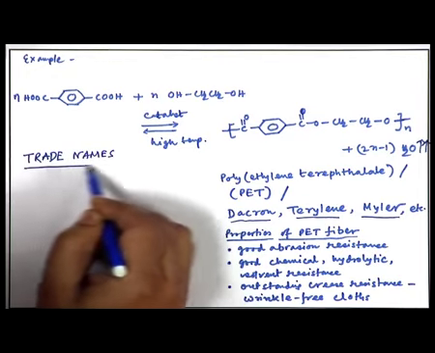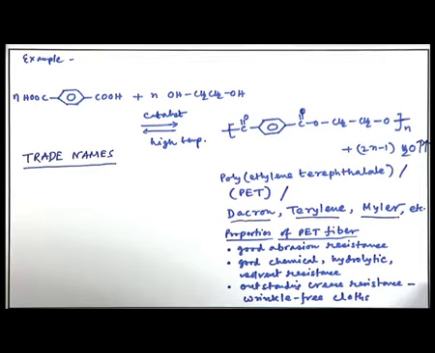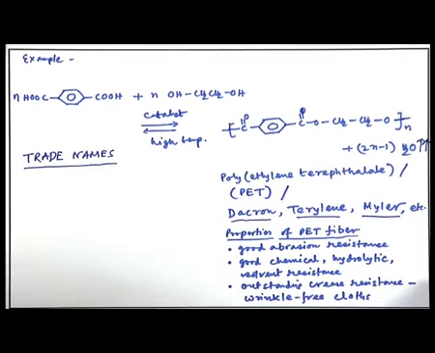Now, if you have a fever, you take a paracetamol tablet, which you buy as Calpol or Crocin. So, if the doctor prescribes you Calpol or Crocin, these are the trade names, the names of the product, but the actual ingredient is paracetamol.